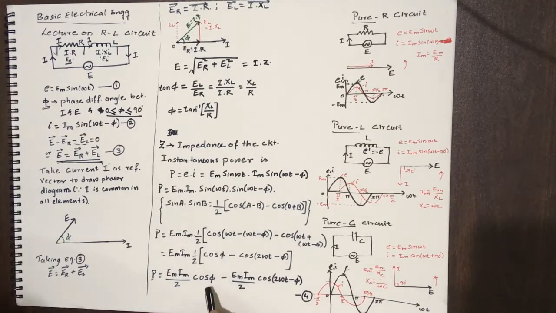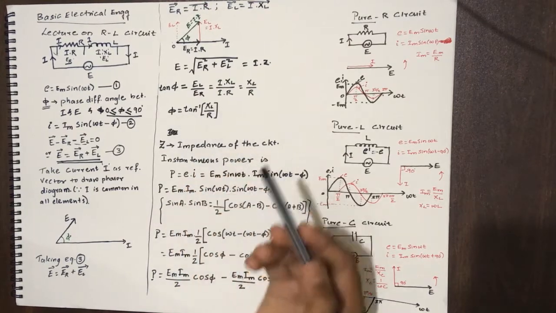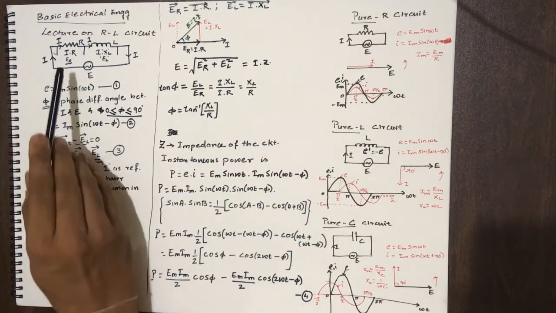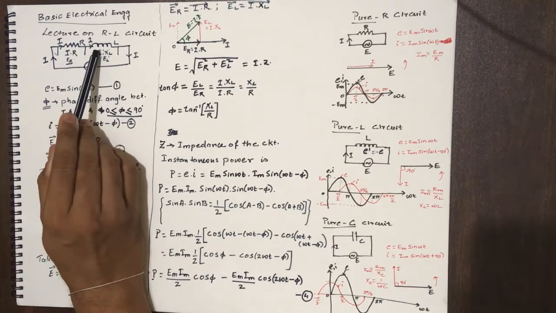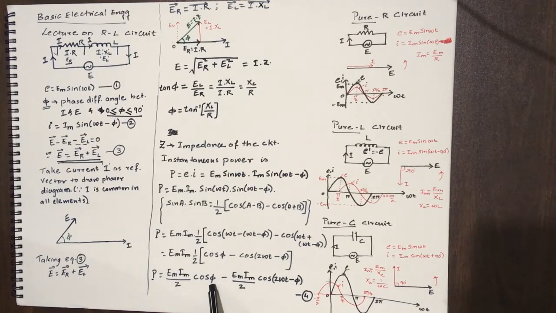When we observe the value of cos phi, where phi is the phase angle difference between voltage and current, which is given by phi is equal to tan inverse of XL by R, as long as the component values of the circuit remain constant, the value of phi will remain constant.